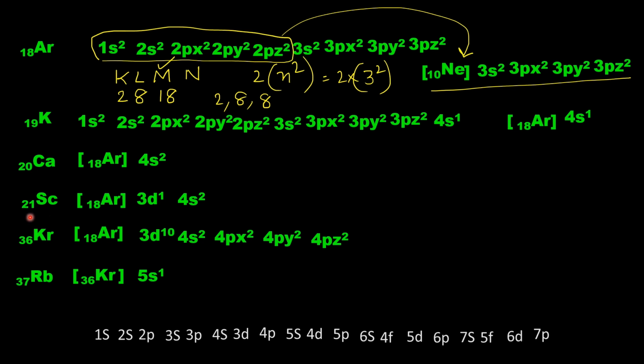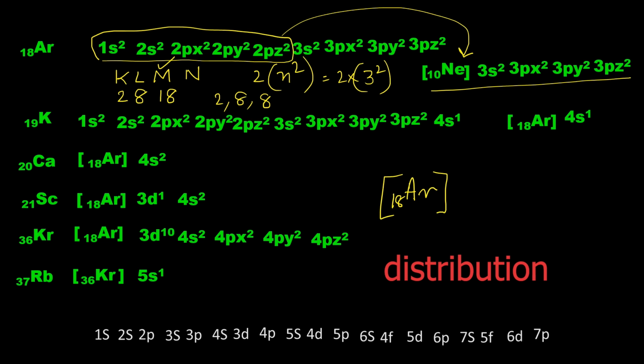For scandium, the atomic number is 21. The next higher energy level orbital is 3d. So that electron moves to 3d. So 3d1 4s2. You can just go through the increasing order of energy levels for the orbitals which I have given here. So when we write the electron distribution, remember electron distribution, it will be argon 18 within square bracket followed by 4s2 3d1.